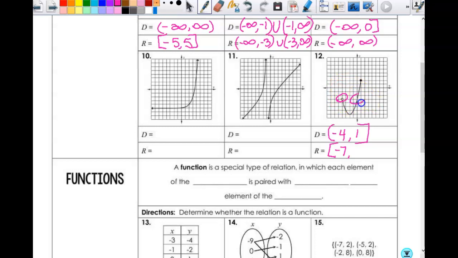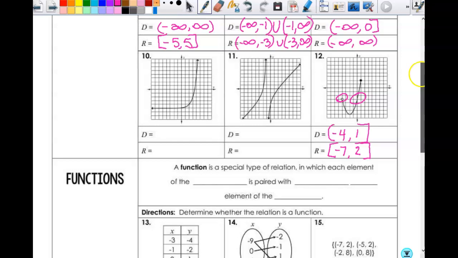But this point right here, does it have -3 as a y value? Yes, it does. So even though there's a hole there, I still have a continuous range because there's a point right here. Does that make sense to you? Sometimes that's confusing for me. So we go all the way up to 2, and I do include them both. Okay. Good deal.